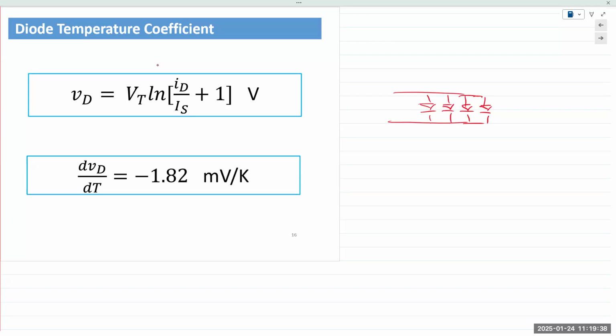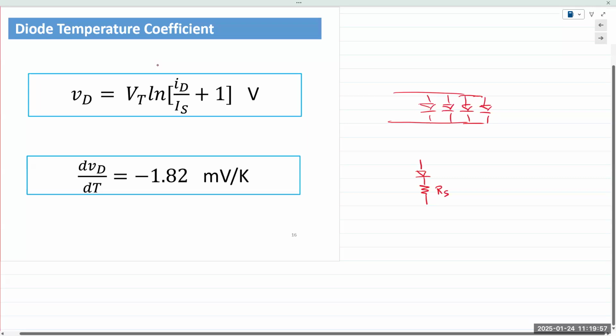Each diode also is modeled as an ideal diode with a series resistor RS. And this is something from lab 1 in the lab manual, where we ran a simulation and described, okay, we are using this diode.